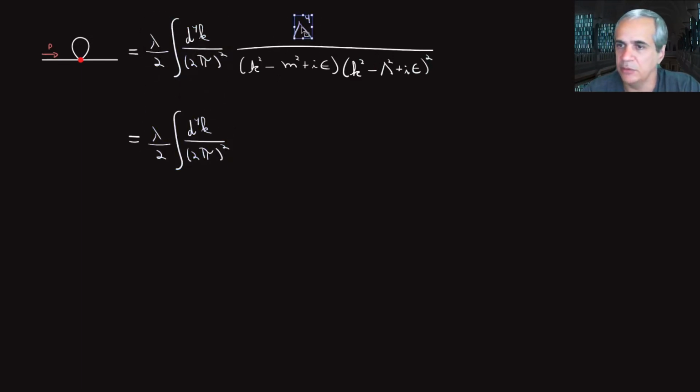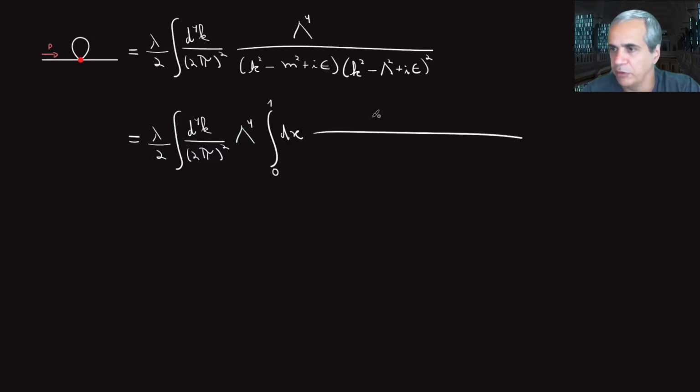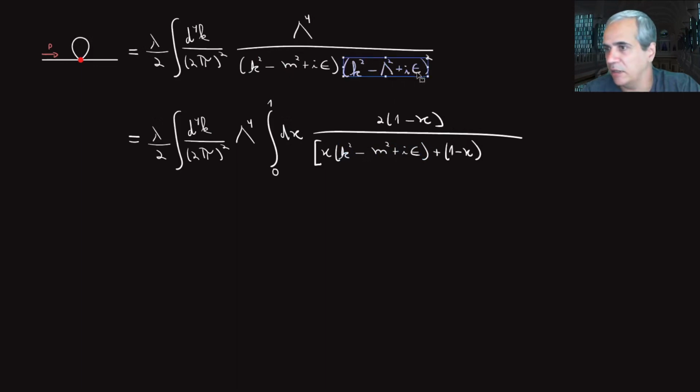This also repeats, and I have the integral from 0 to 1 over the Feynman parameter, right, of 2, 1 minus x over x times the first guy here. Let me copy it. Plus 1 minus x times the second guy here.